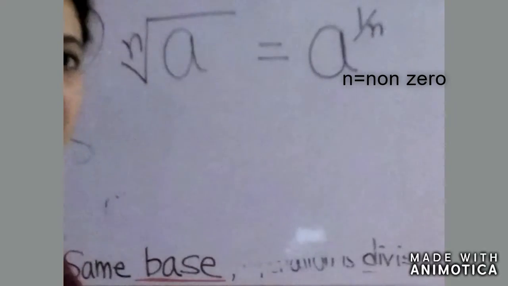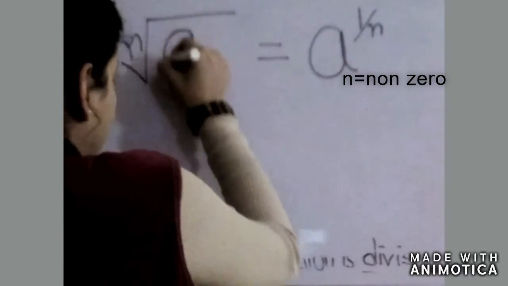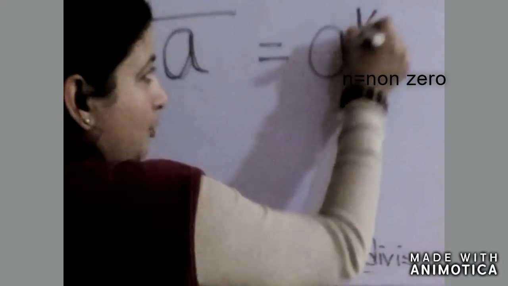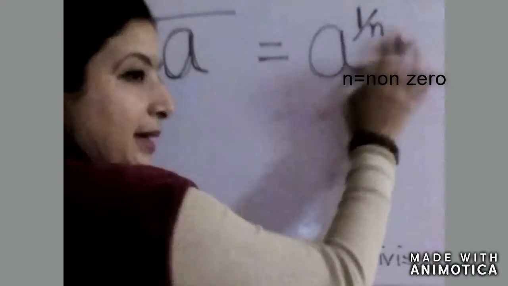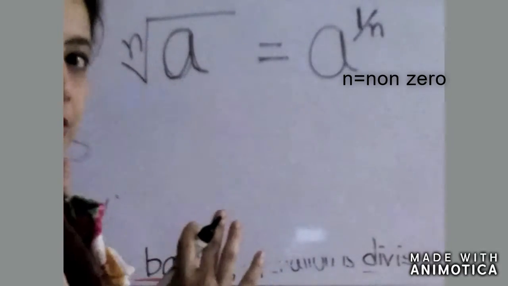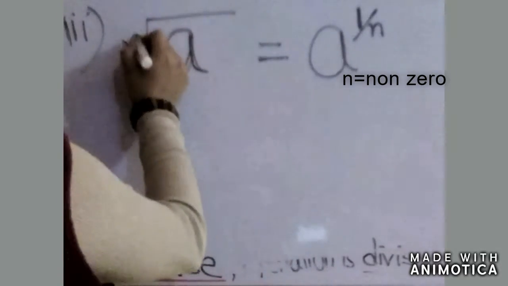So now the power is going to a fraction, 1 by n, as it is the nth root.